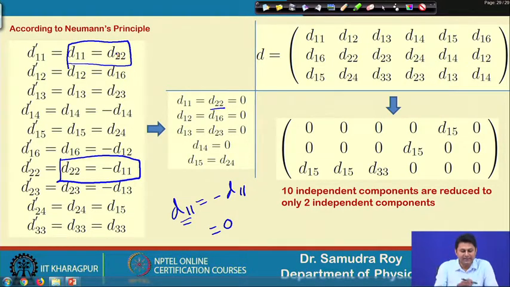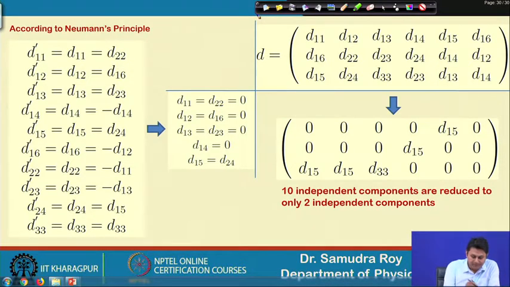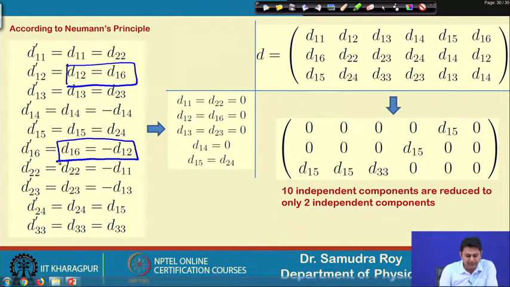So, you can see that applying Newman's principle, we can find out exactly the value of the D matrix, and we find there are many zeros in the D matrix. D11 and D22 are 0, that we find. What else? Let us see this equation: D16 and D12 are the same. Here we find another equation for D16 and D12, but they are related with a negative sign.